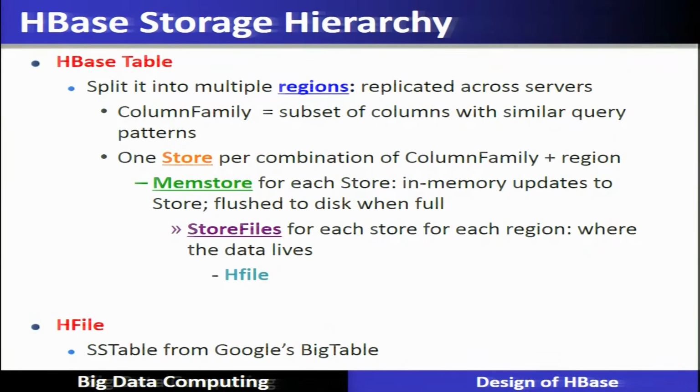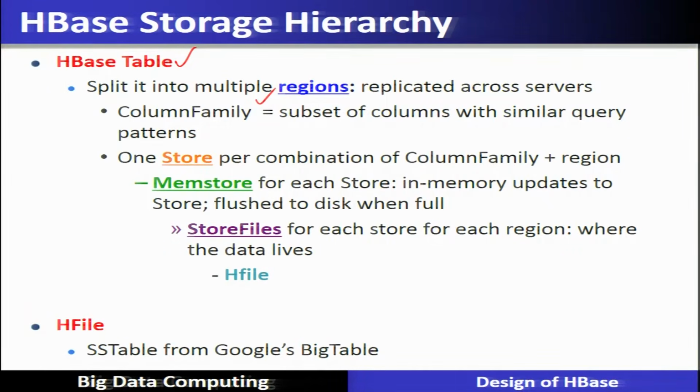Now, let us see the HBase storage hierarchy. HBase has an HBase table, which is split into multiple regions, which are replicated across the servers. Then it has a column family, which is a subset of the columns with a similar query pattern, and there is one store per combination of column family plus region, and also a MemStore for each store.